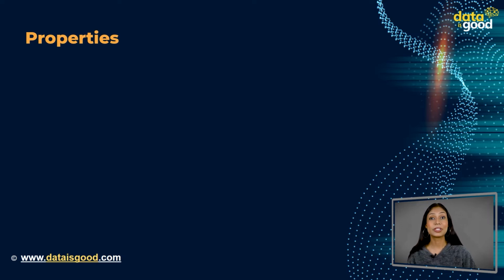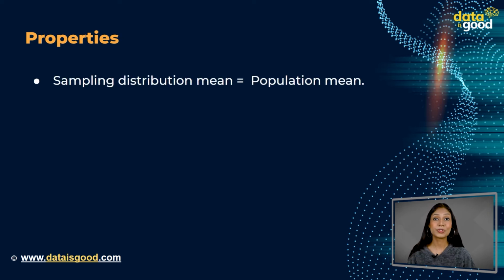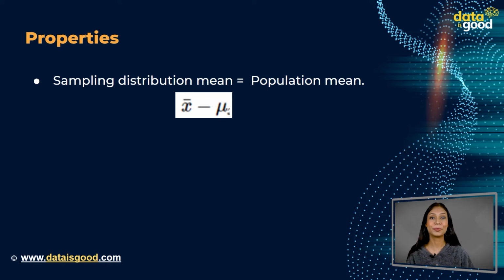The Central Limit Theorem says that for any kind of data, provided a high number of samples have been taken, the properties that hold true are: the sampling distribution's mean is equal to the population mean, that is, x bar is equal to mu.